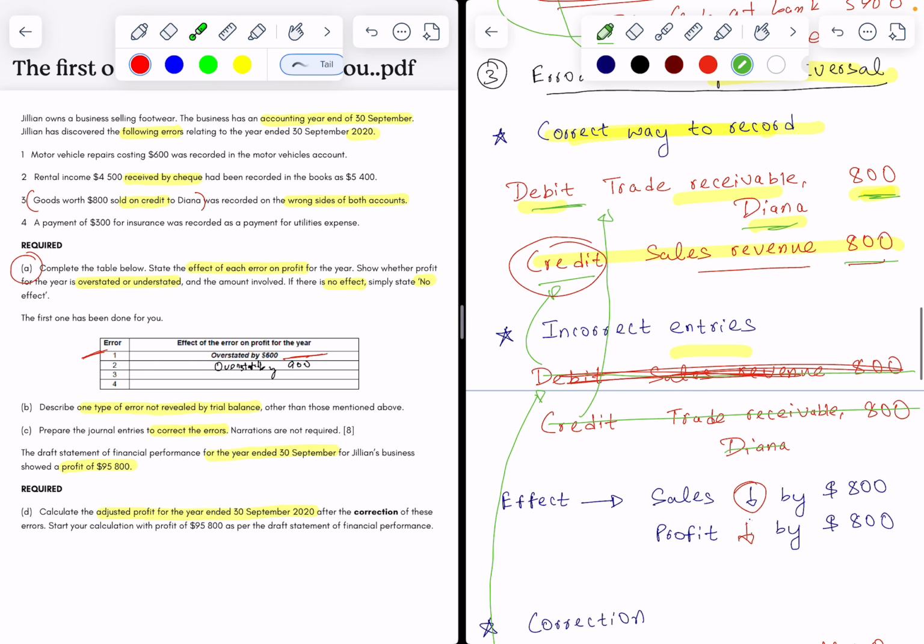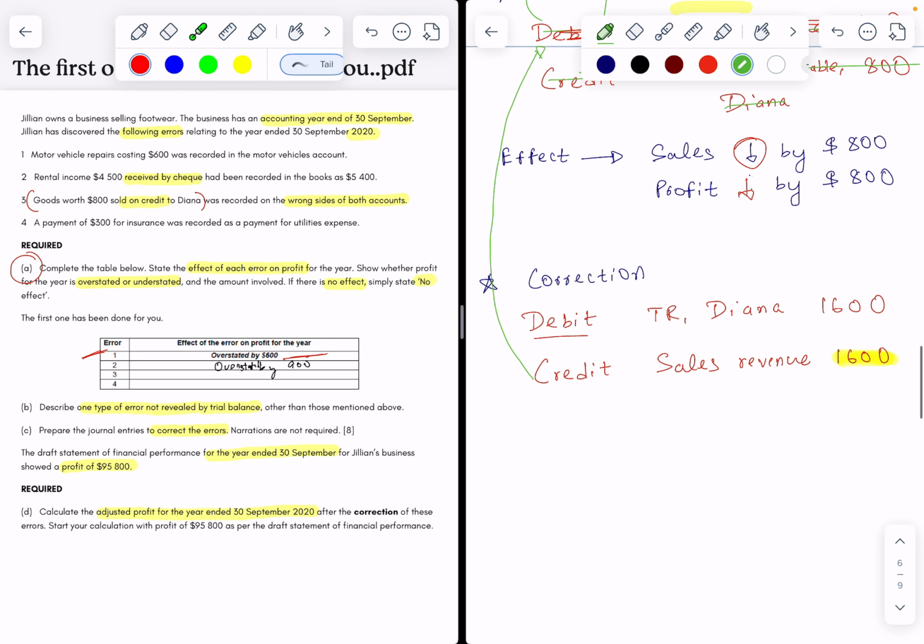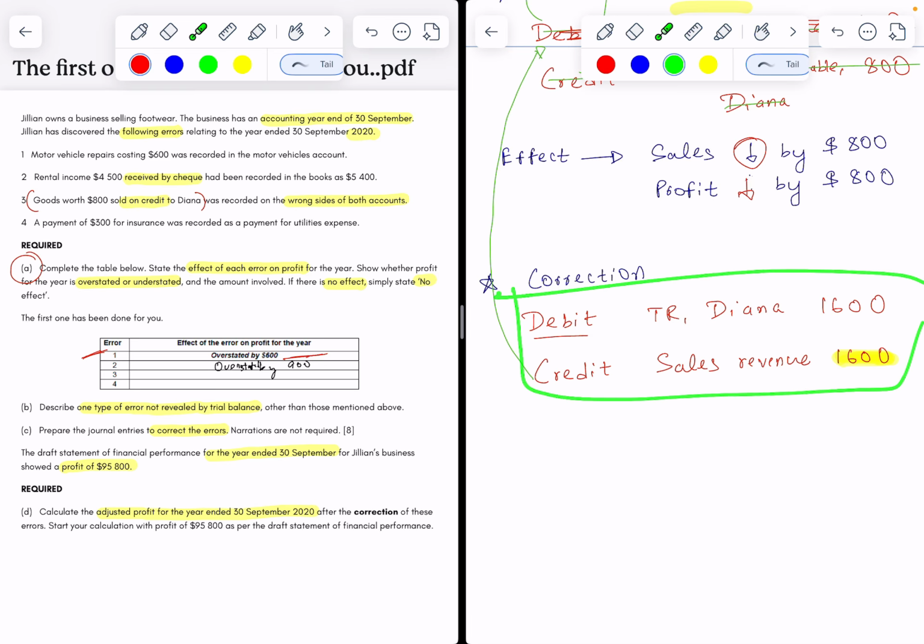So as part of your correction, whenever it comes to a complete reversal, you would always end up doubling the numbers, all right? So the correct journal entries in this case, to recap, is to debit the trade receivable account for Diana by 1,600 and to credit the sales revenue account by 1,600.